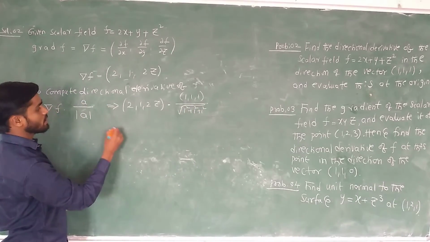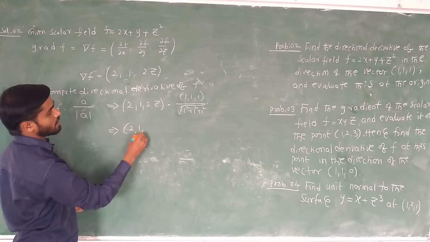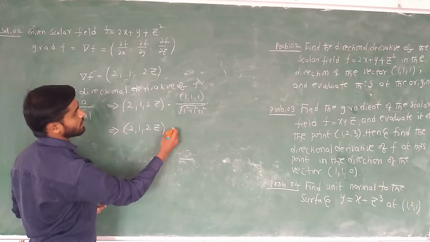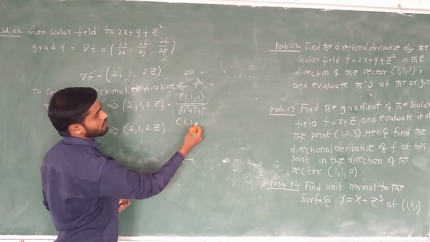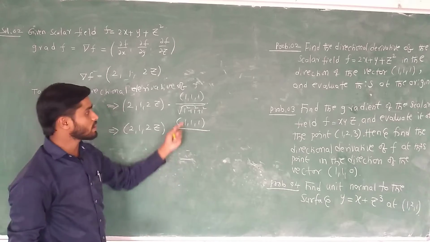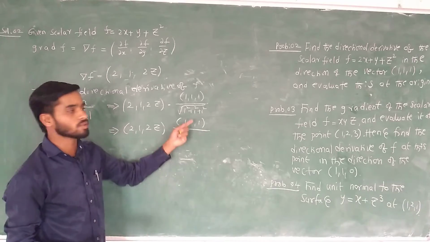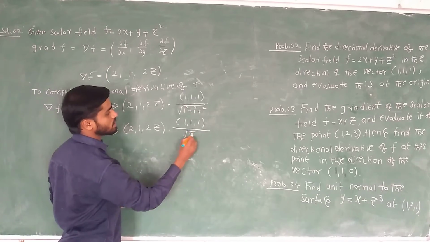So this will be (2, 1, 2z) dot product (1, 1, 1) by the square root of 1 square plus 1 square plus 1 square, which is root 3.